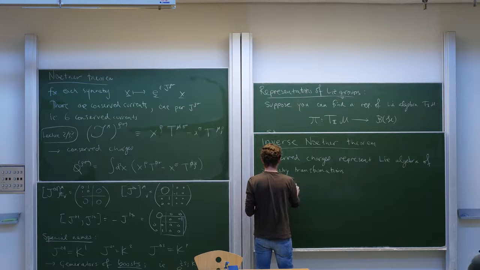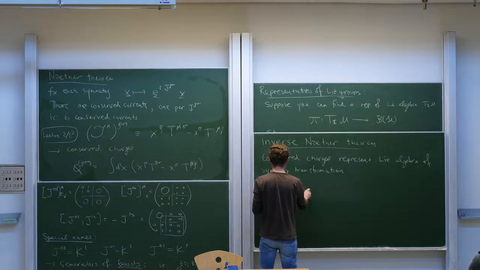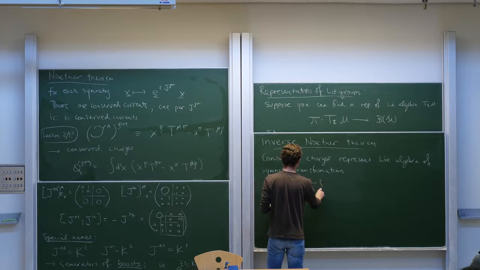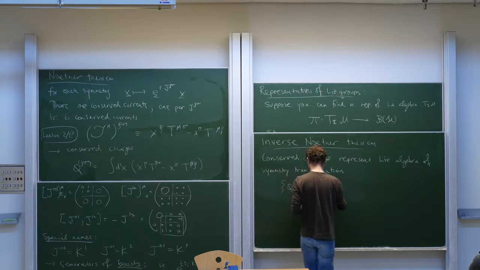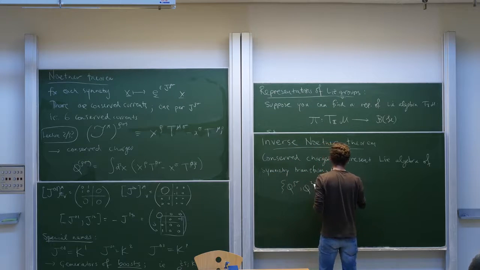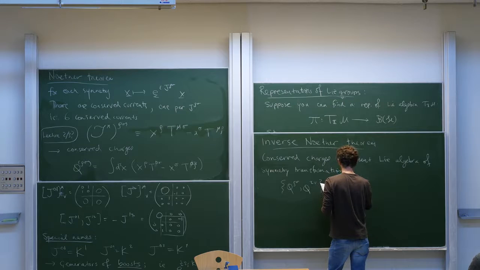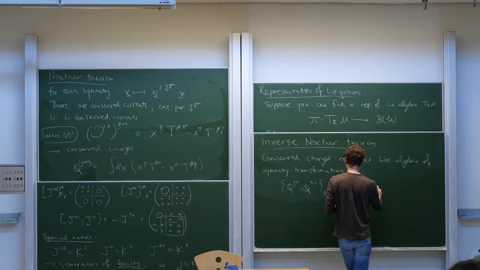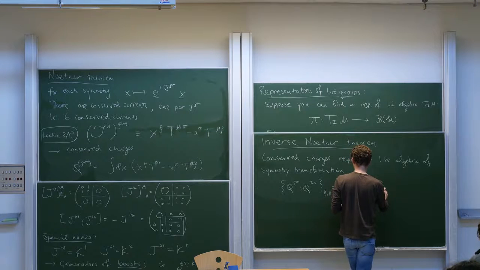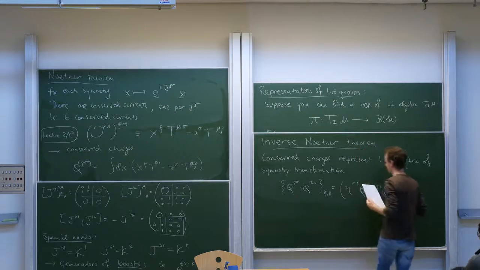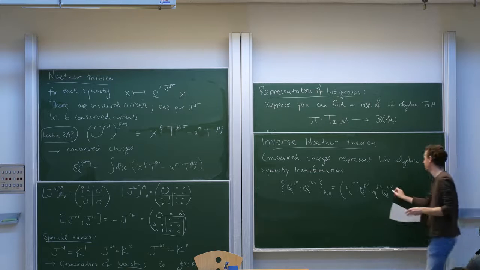And they do so by generating these canonical transformations according to the Poisson bracket that obey exactly this Lorentz group Lie algebra. This is pretty fantastic.